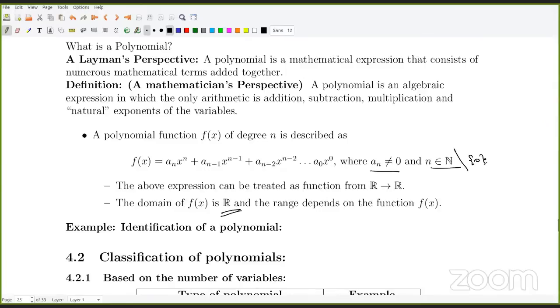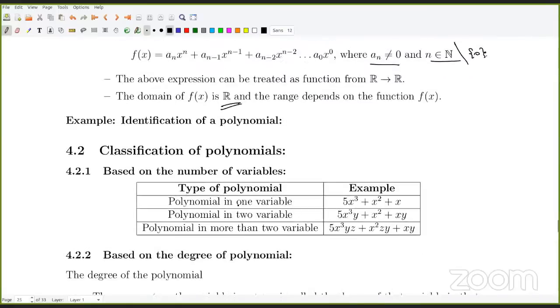Depending upon the function, the range differs, but the domain of any polynomial function is the set of all real numbers, whether it is 2-degree, 3-degree, 4-degree, or 5-degree.